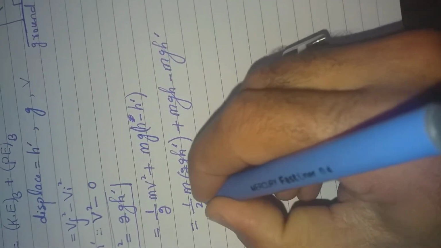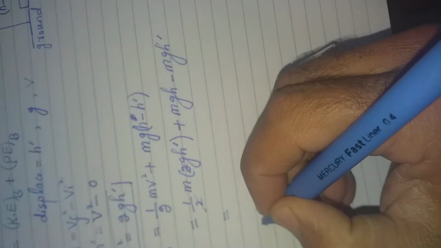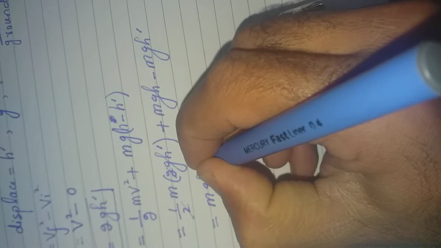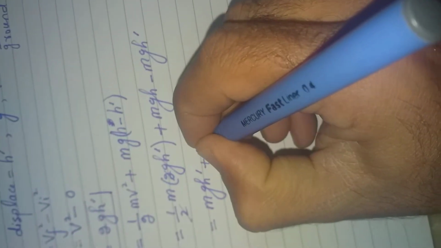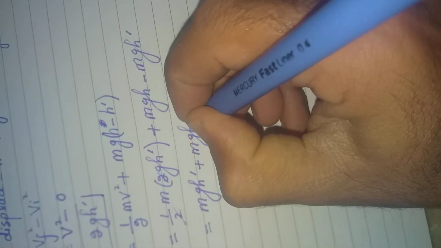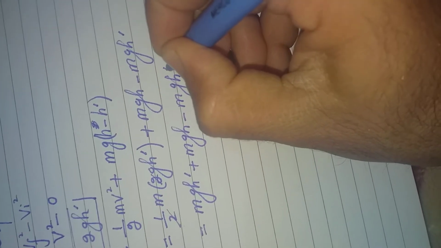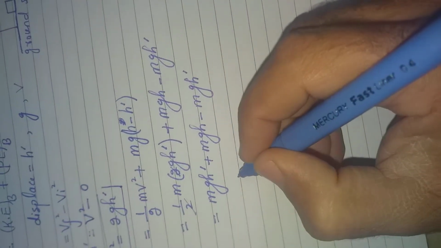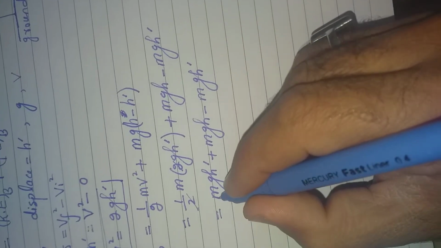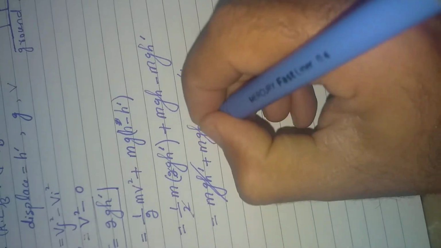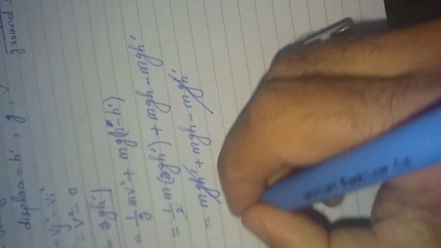In the next step 2 and 2 will be cancelled, so mgh dash plus mgh minus mgh dash. In these three terms one is positive and one is negative, so these two will be cancelled, and the remaining one will be mgh.